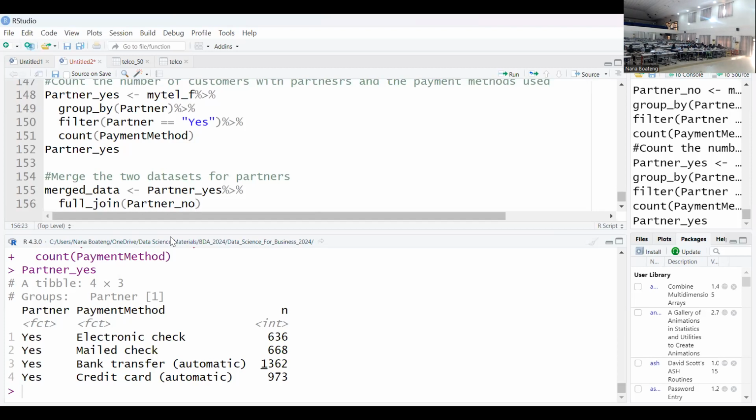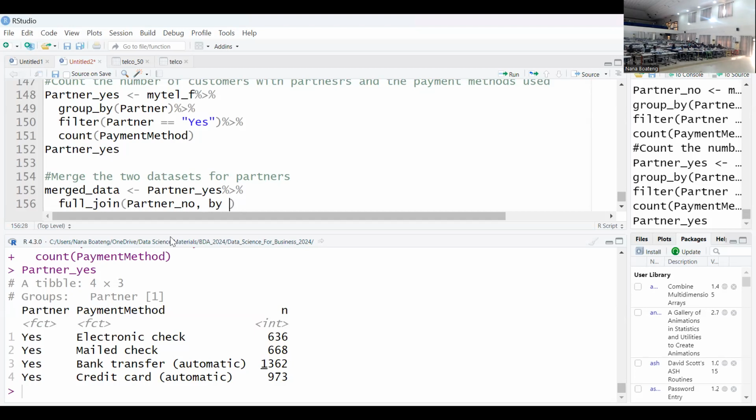All right. So that means that we can join the two data sets based upon the payment method. All right. So we merge the yes and the no by, there is a by argument. So the by is the basis upon which you are merging the two. So we are merging it by payment method.